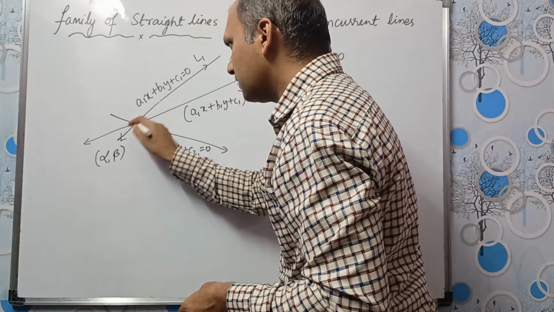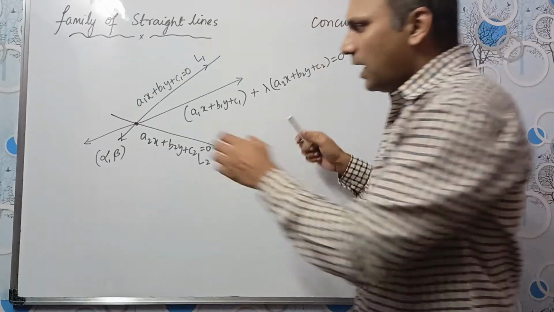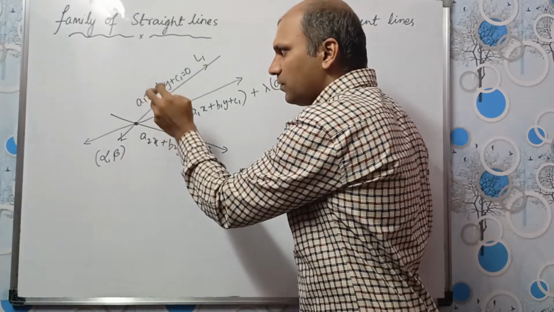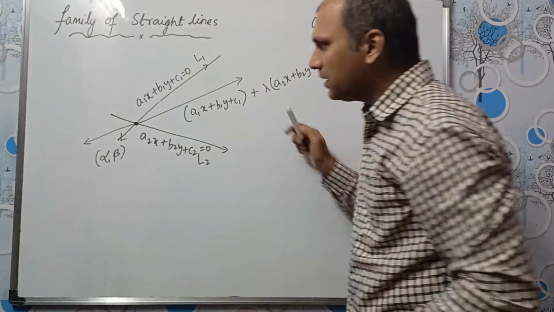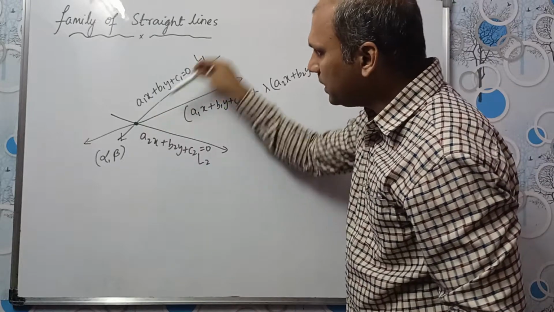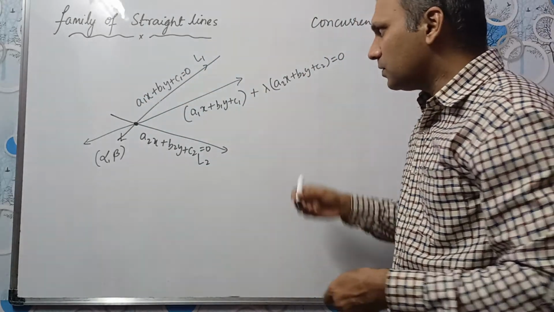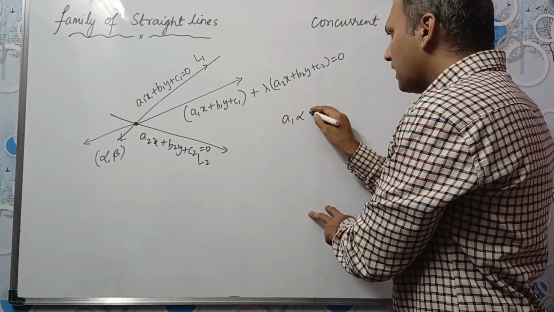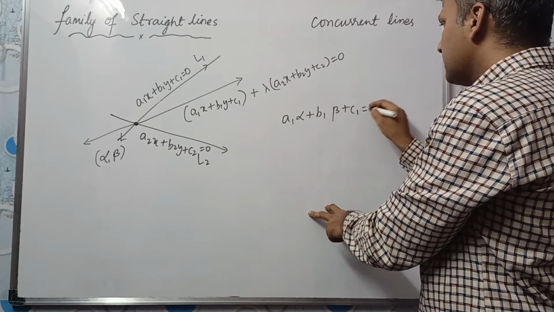Alpha beta should satisfy this equation. In place of x and y, if we substitute alpha beta, it should become 0 because this point is lying on this straight line. So A1 alpha plus B1 beta plus C1 is equal to 0.